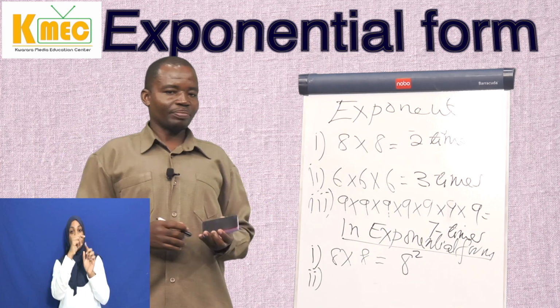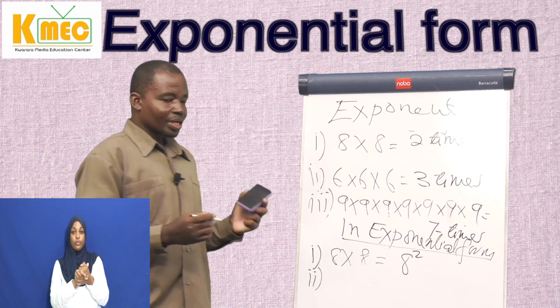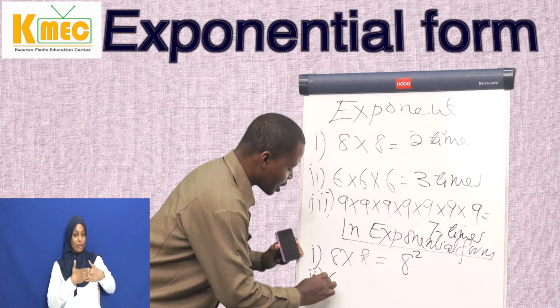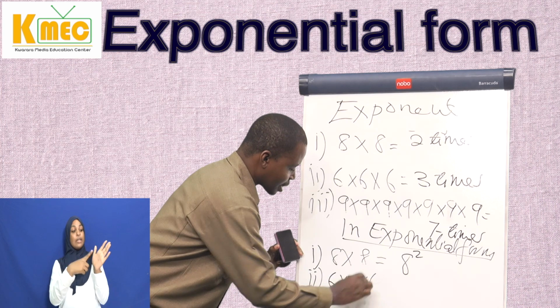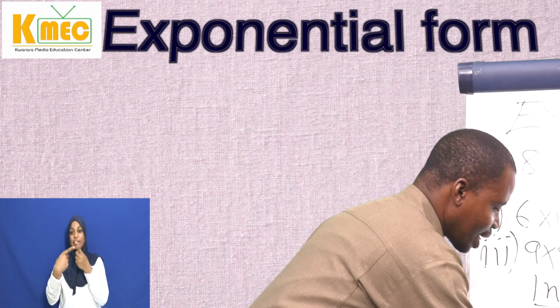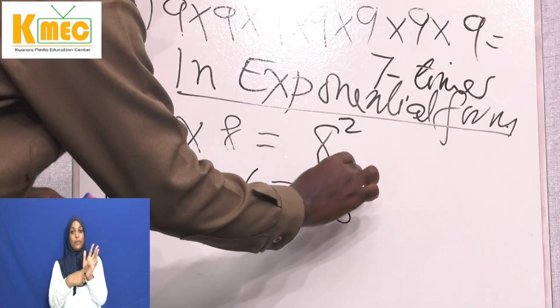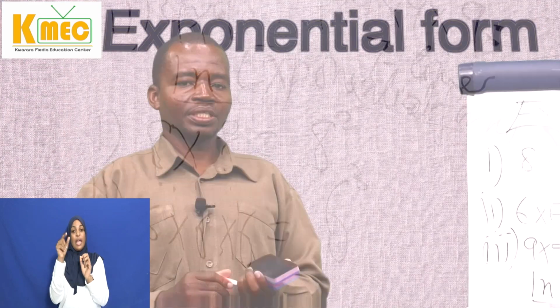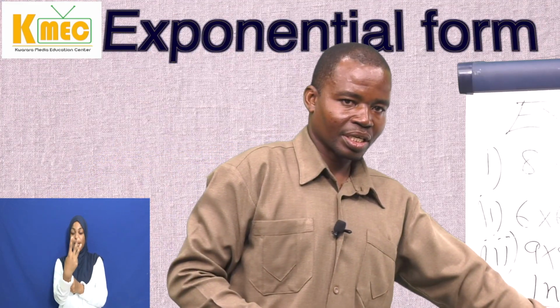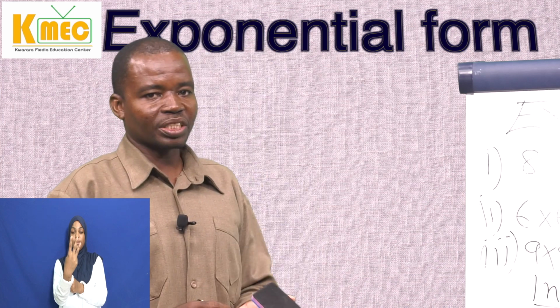Okay, we are going on, my dear pupil. So here 6 times 6 times 6 we write as 6 exponent 3, 6 exponent 3 in exponent form or in exponential form.